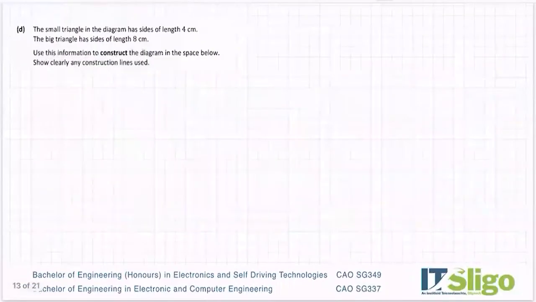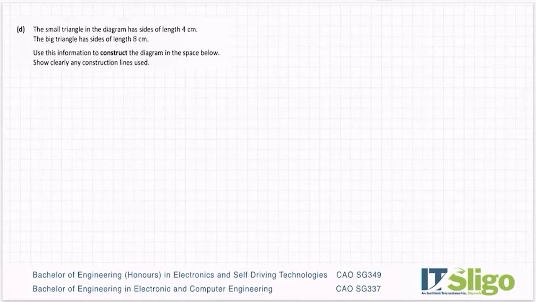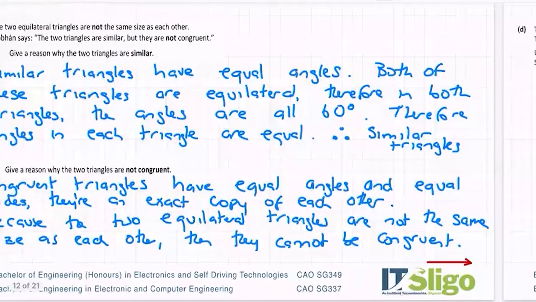Okay. D. The small triangle in the diagram has sides of length 4 centimeters. The big triangle has sides of length 8 centimeters. Use this information to construct the diagram in the space below. Show clearly any construction lines used. Okay.